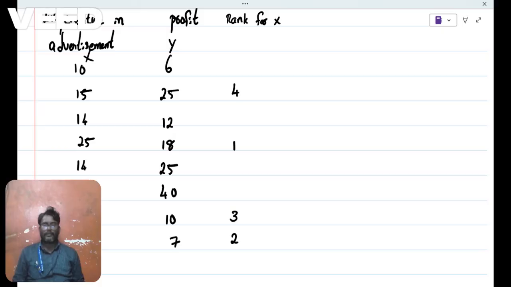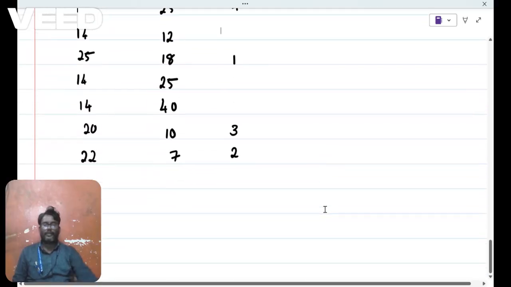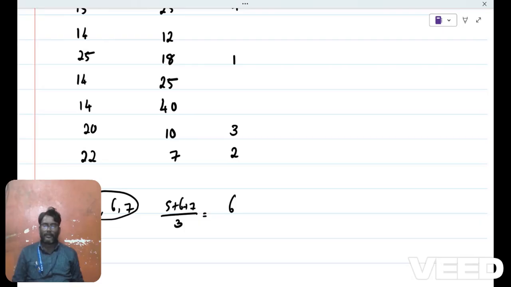Next the fifth largest value will be 14. There are three 14s. So the ranks will be 5, 6 and 7. It is distributed evenly, so we take 5 plus 6 plus 7 divided by 3. We have to take the average of the rank, which is equal to 6. It is repeated 3 times, so m1 is equal to 3.